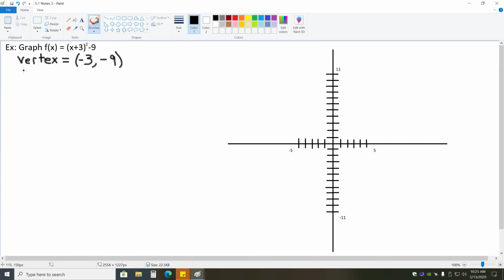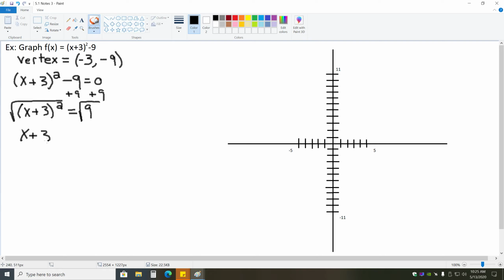From here, we can now find the x-intercepts by setting this equation equal to 0 and solving. So x plus 3, quantity squared, minus 9 equals 0. To solve, we'll add 9 to each side, giving us x plus 3, quantity squared, equals 9. And now we can take the square root of each side, which gives us x plus 3 equals plus or minus 3.